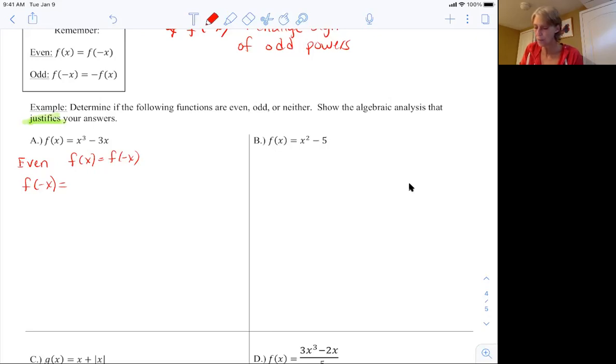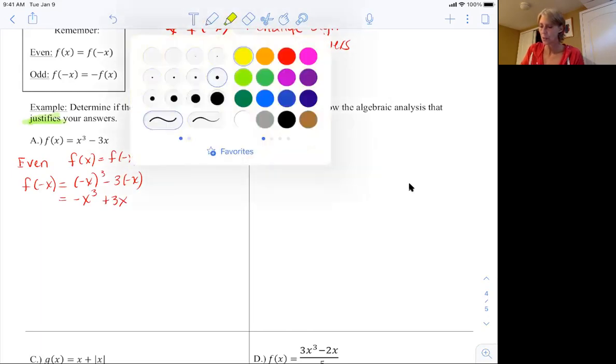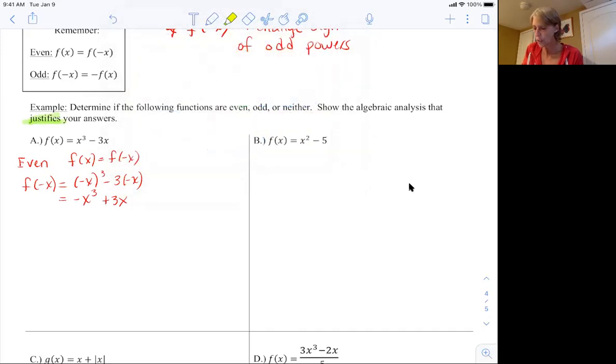In this case, f of negative x, when I plug that in, and remember, all we really have to do is change the signs of the odd powers. Okay. So now, does this new function match the original? If it does, it's even. This one does not. So this function is not even.